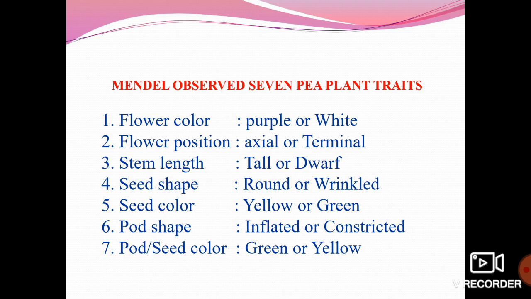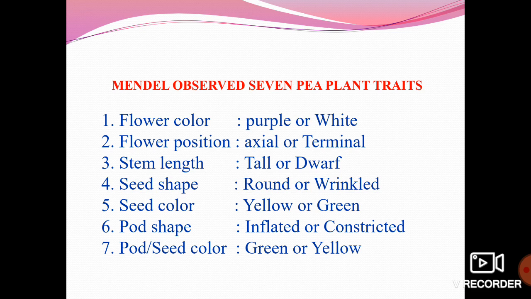Well, after understanding these fundamental terminologies of classical genetics, let me tell you, there were 7 characters that Mendel had picked up from the sweet pea.